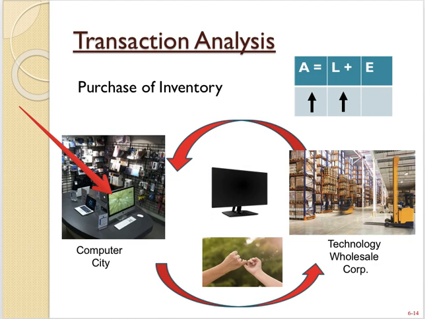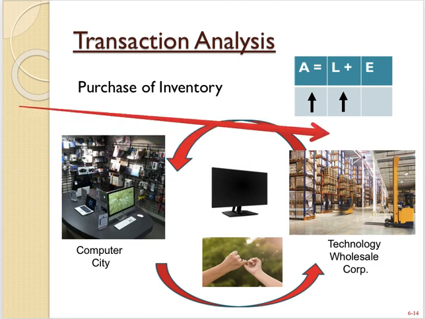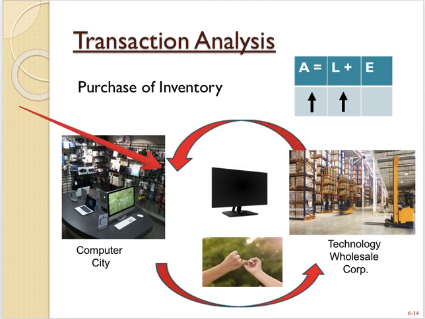We need to think about, in this transaction, what are we getting? What are we giving? We know that we're getting these 10 monitors, so we are purchasing inventory. In exchange, we're giving a promise to pay. It says that the payment is due in 30 days, so that's how we know it's not cash. We know it's on account or on credit, meaning we're going to pay in the future.